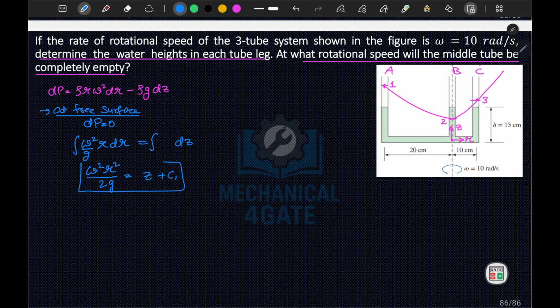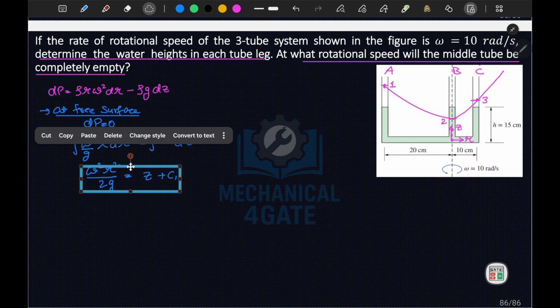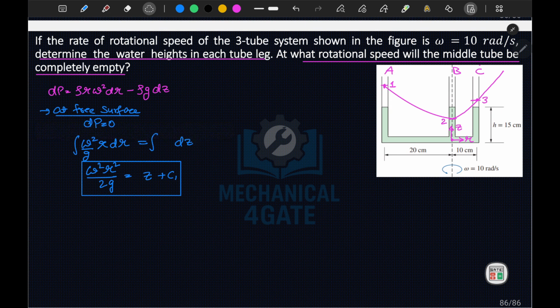So it means that at any location, the location of your free surface can be given by z is equal to omega square r square by 2g minus c1.